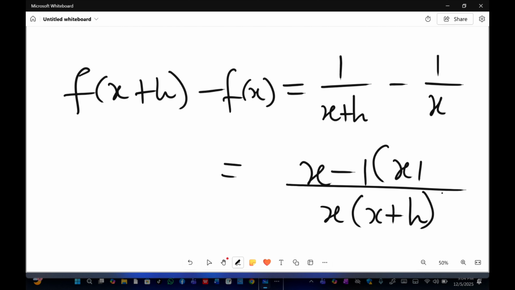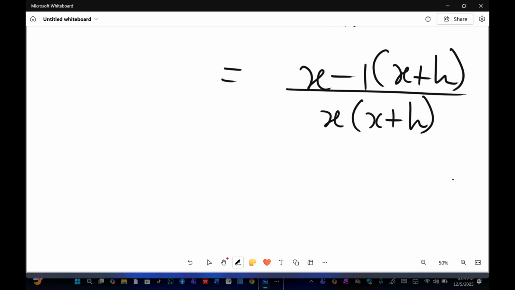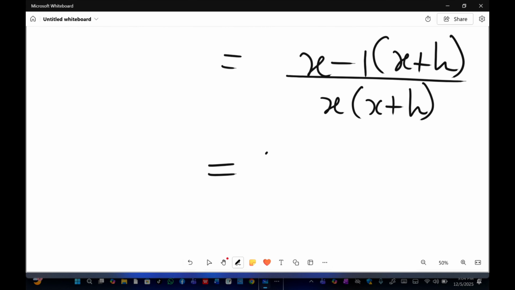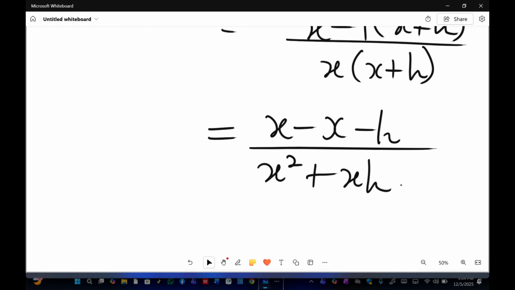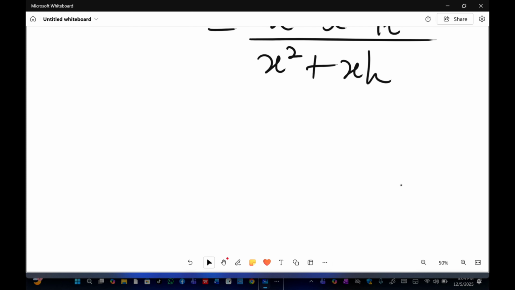So x plus h in one bracket. All right, this will lead us to x minus x minus h, then all divided by x squared plus xh.